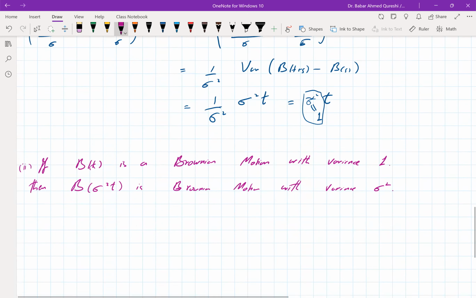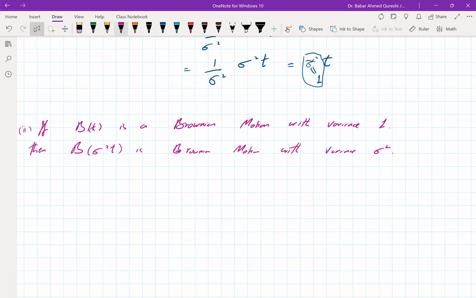So this one can also see very easily, because if I consider B of sigma square t plus sigma square s minus B of sigma square s, then since B by assumption is a Brownian motion with variance 1, I'm gonna have a normal distribution with variance 1, but the time step I'm considering is sigma square t.